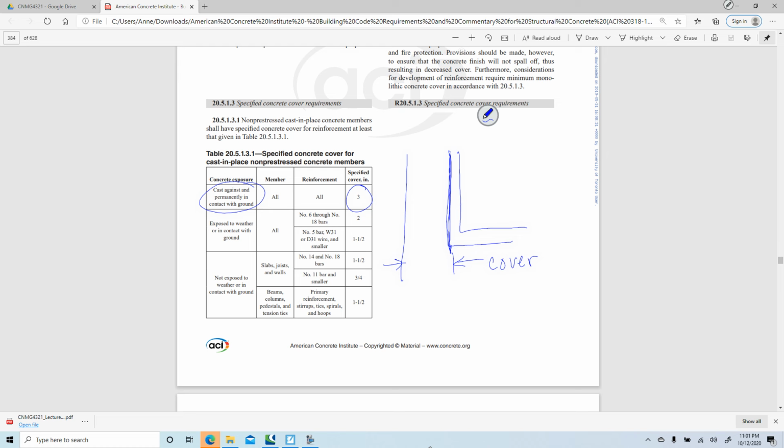If you're outside, then you're looking at either, depending on the size of your reinforcement, and this is talking about your first thing that's going to come into contact.